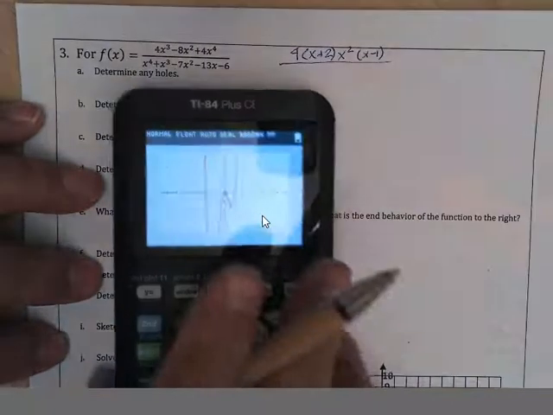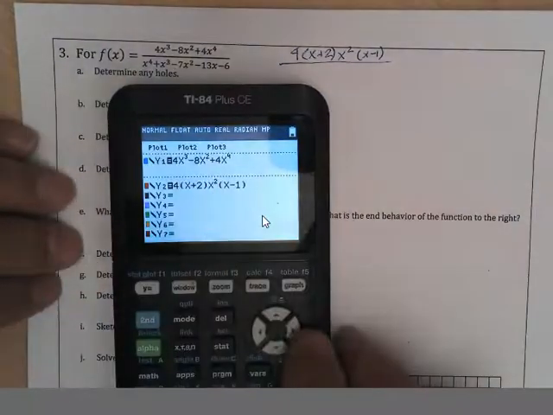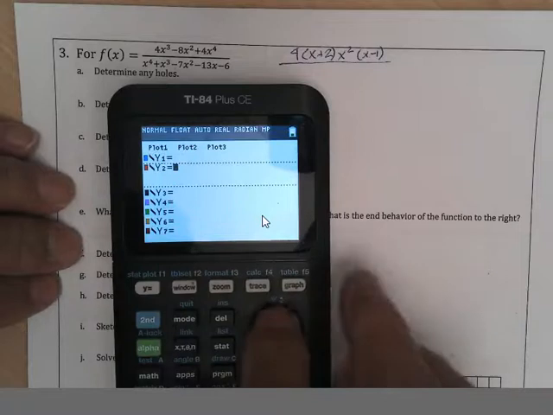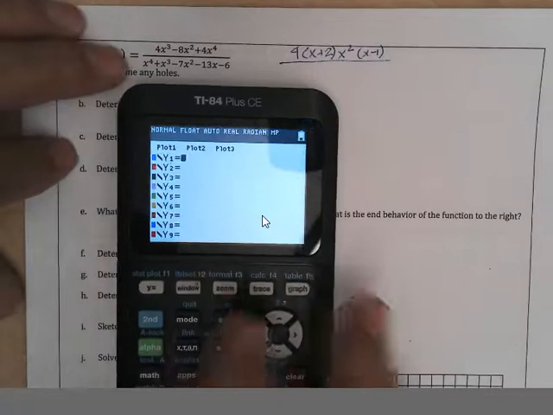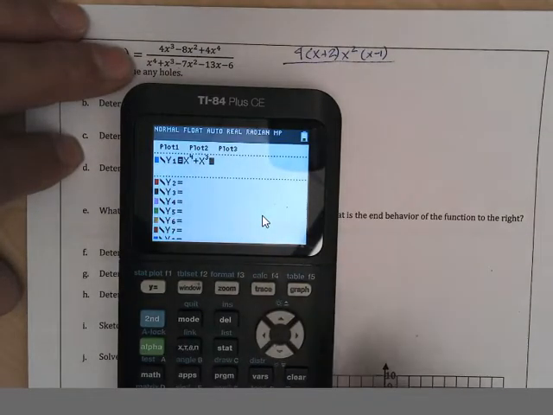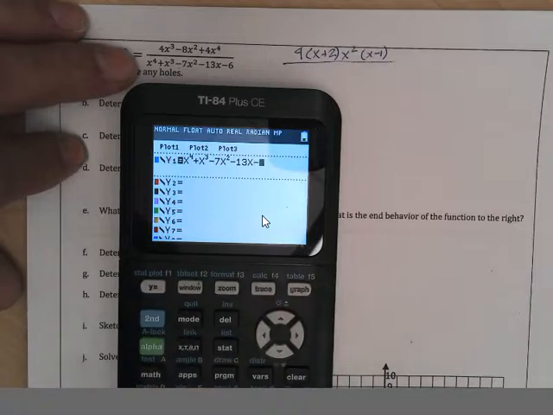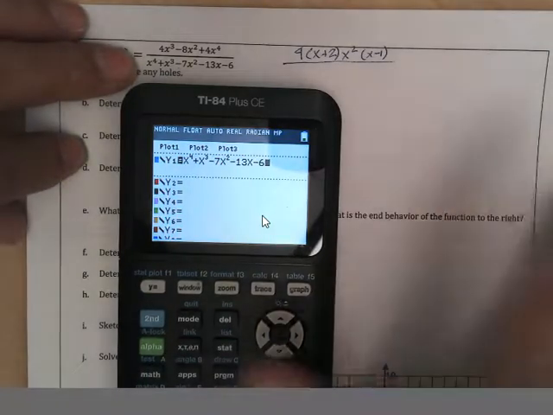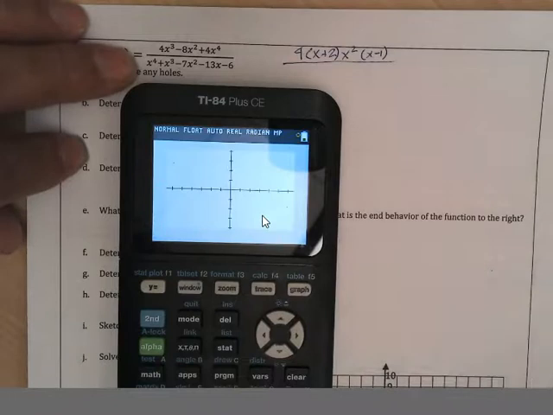Now let's factor the denominator. So we come up here and we've got x to the fourth plus x to the third minus 7x squared minus 13x minus 6. So I'm going to graph.